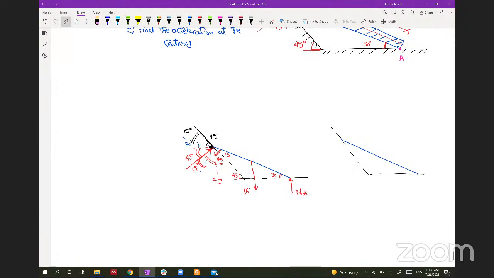Okay, so we have the forces NB. Let's clean all this mess.